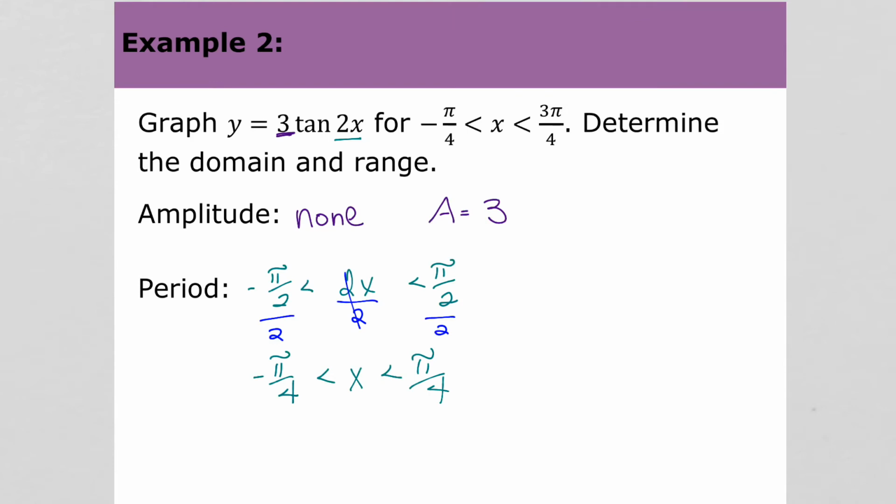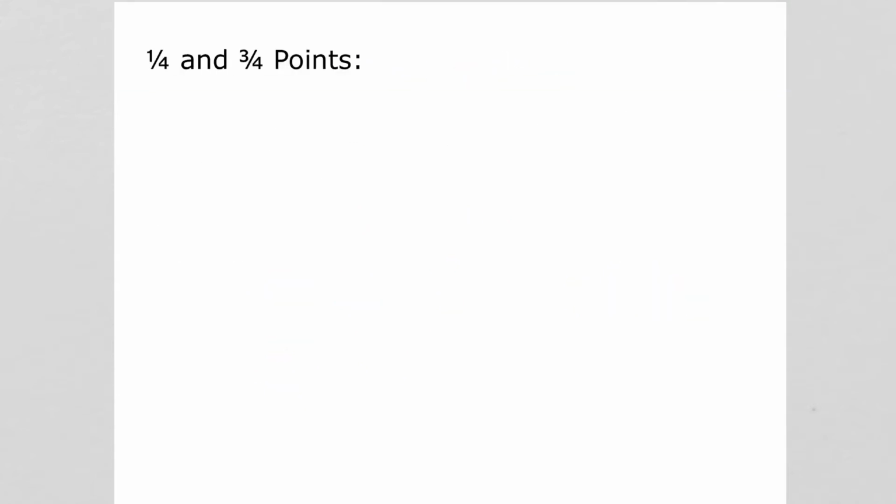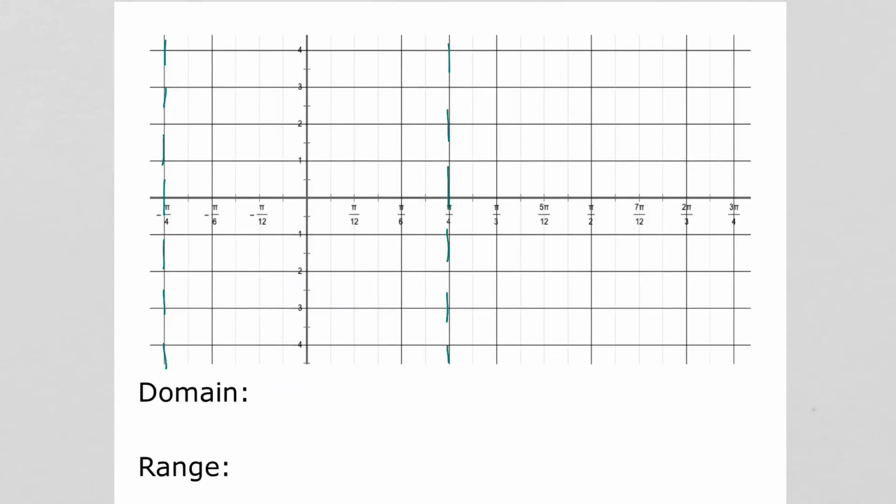So back here where we've got the period, we could also go pi over 4 minus negative pi over 4 gives us pi over 2. So if I go another pi over 2, that takes me to one more asymptote in my graph at 3 pi over 4. So when you do your lab, I'm expecting you to fill in the whole graph that I give you, by the way.